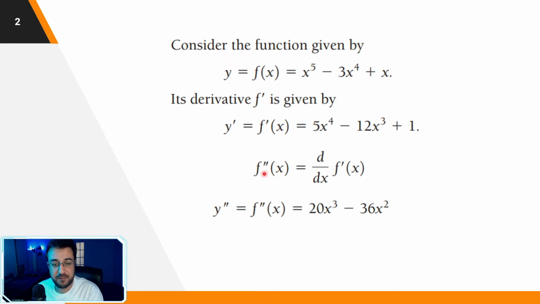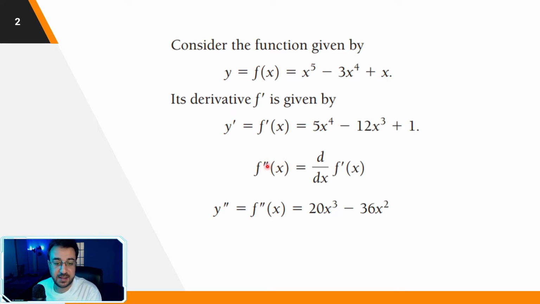Same as the f prime of x, we said it can be represented as dy over dx, the f double prime of x can be represented as d over dx of the f prime of x. So that's saying it is f double prime or the second order derivative of the function f of x.